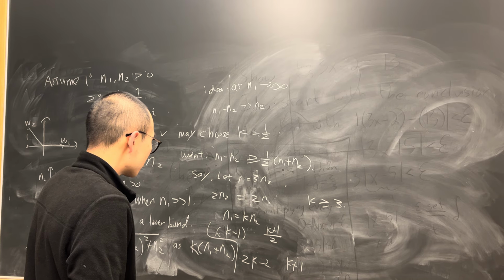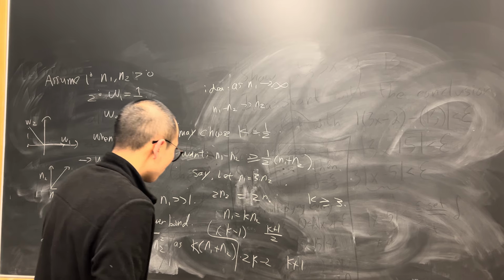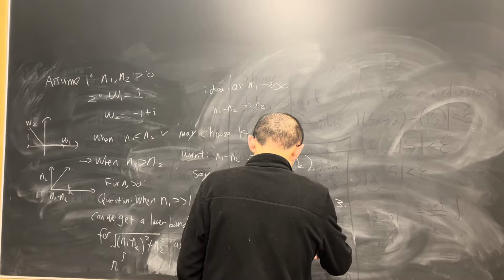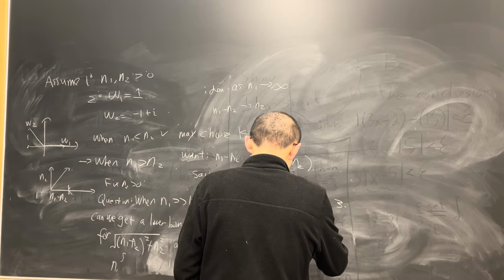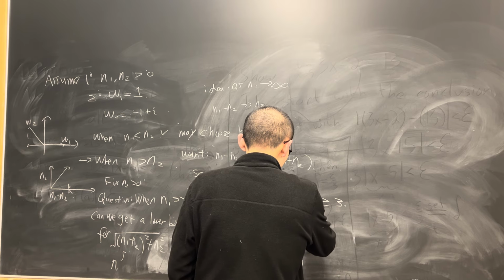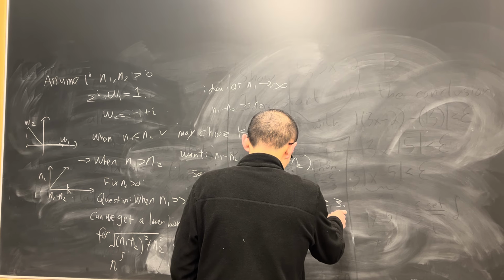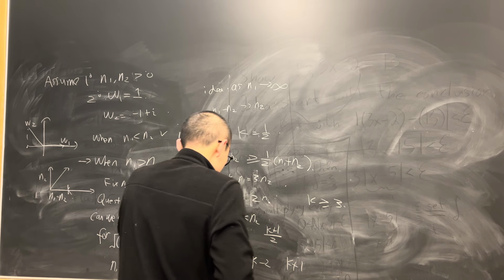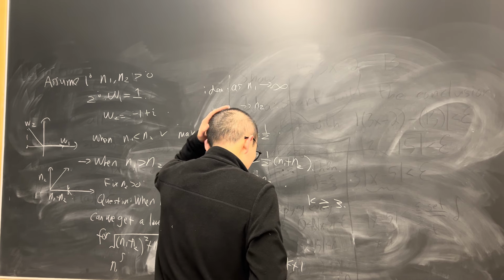Does this hold? So when k is bigger than or equal to 3, then you do what? Yeah, you add a k on both sides, right? And then okay. So yes. Okay, so this is true.